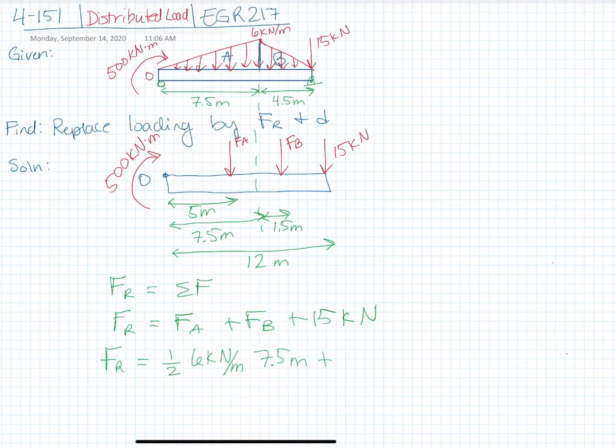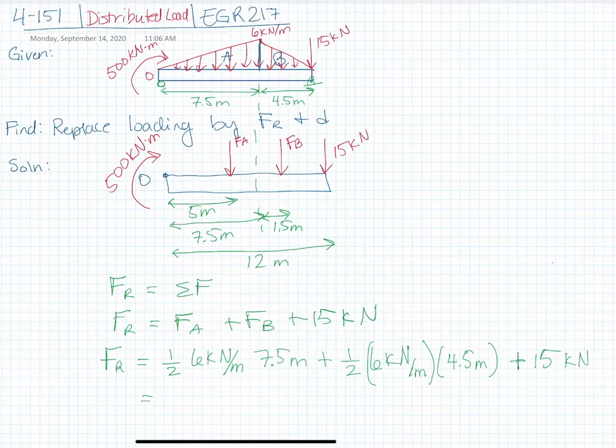And then for FB, it's also a triangle, so it's 1/2 of that 6 kilonewtons per meter times 4.5 meters. And then plus that 15 kilonewtons. So I'm going to calculate that out.